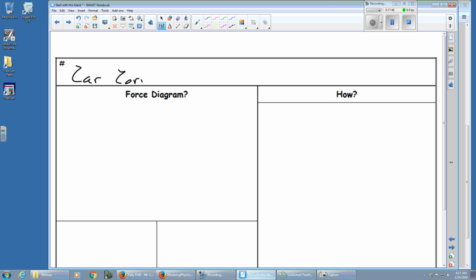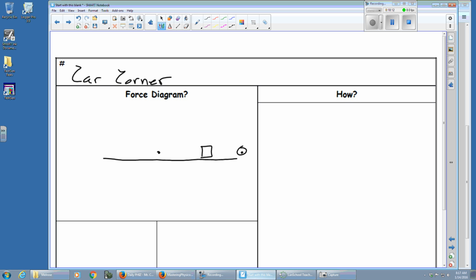Car cornering. So I'm going to draw the side view, like we were looking at this flat on and the car was going around in front of us. So here's the center of my circle. Here's my car sitting on this flat ground, and the car is coming at us.